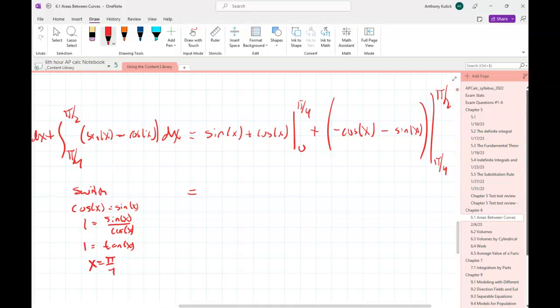So sine of pi over 4 and cosine of pi over 4 are both root 2 over 2. And then minus sine of 0, which is 0, and minus cosine of 0, which is 1. Then cosine of pi over 2 is 0. Sine of pi over 2 is 1.